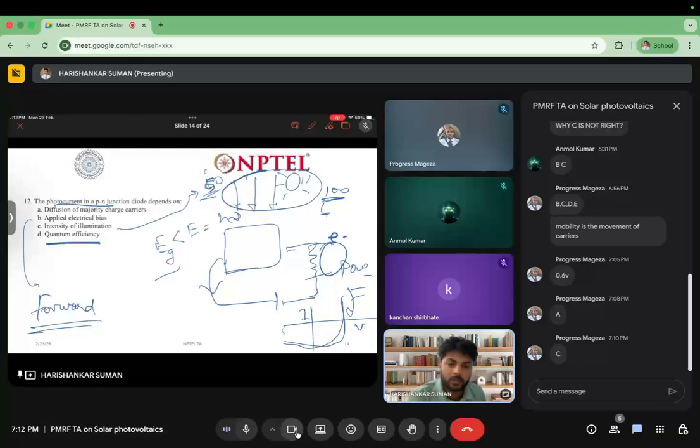So how will we improve the photocurrent of the device? As I discussed, if the number of photons is high, the current will be high, and also the material quality, which is determined by the quantum efficiency. If the material is defective, the current will be less because charge carriers recombine inside the material.